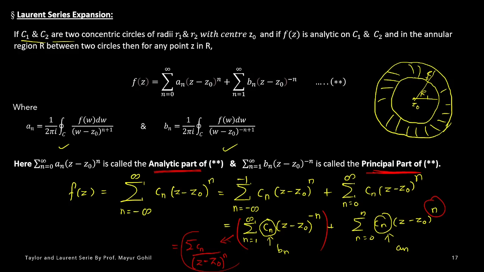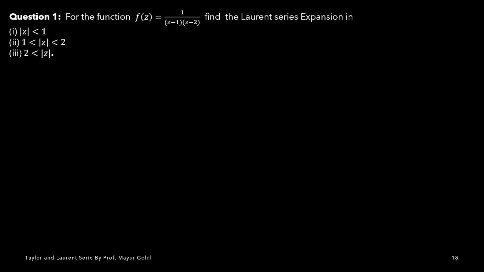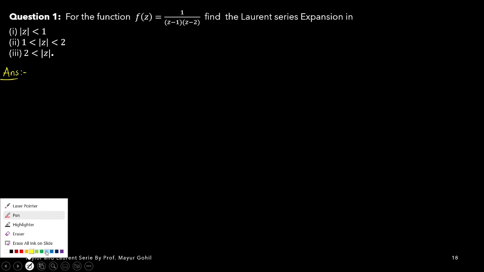Now let us see some examples. I have taken here the given function f of z equals 1 upon (z minus 1)(z minus 2). Find the Laurent series expansion. Now remember, we have to find the Laurent series expansion. So step number 1, I'll take up here with the blue pen.